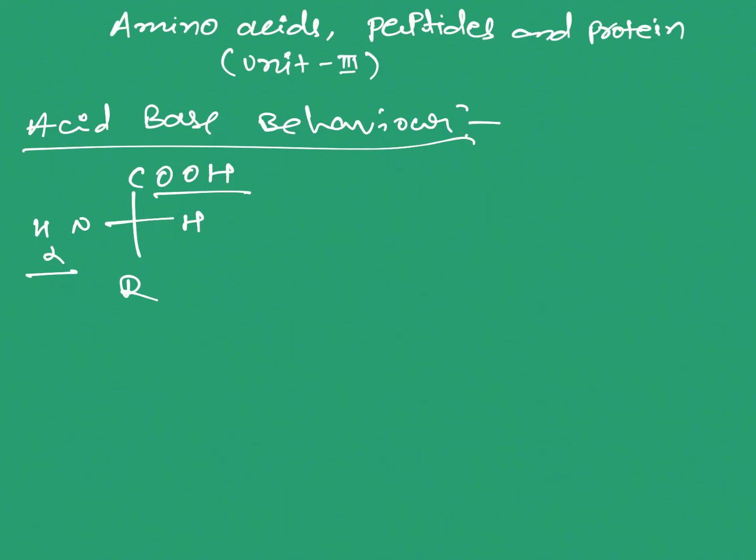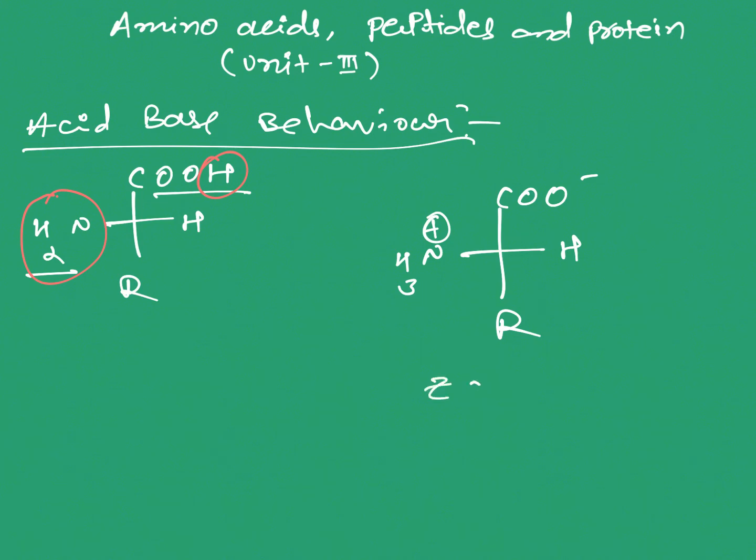The proton donor is called acid, and NH2 group accepts the proton, it is called base. As a result it is converted into COO minus after donation of the proton, carboxylate ion, and NH2 becomes NH3 plus, ammonium, H and R, and this we call a Zwitter ion, or dipolar ion.